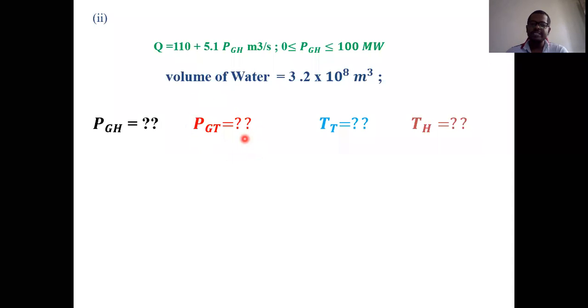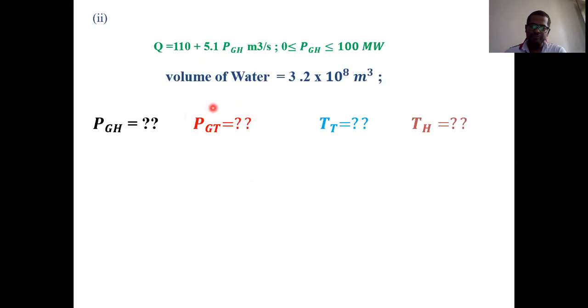So how to find the PGT value? As I told you in the last class when we did the derivation, the PGT star formula is root over A by C. It completely depends on the A value and C value. Those are constant values, so automatically PGT is also a constant value. So in this case also your PGT value is the same.